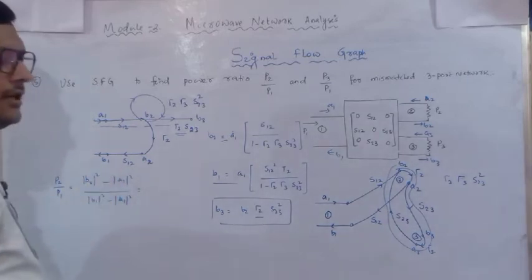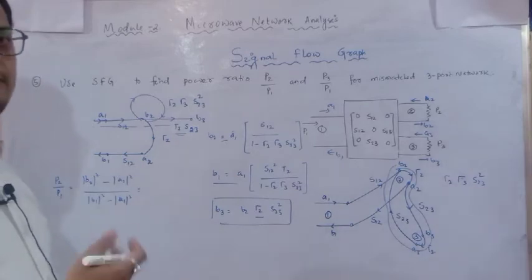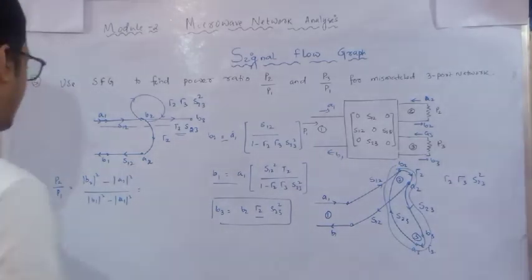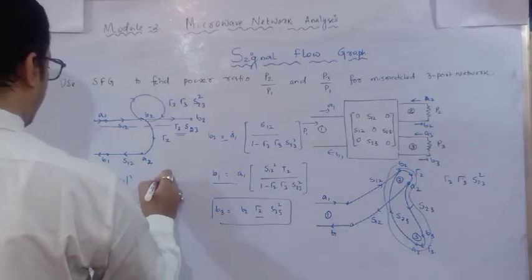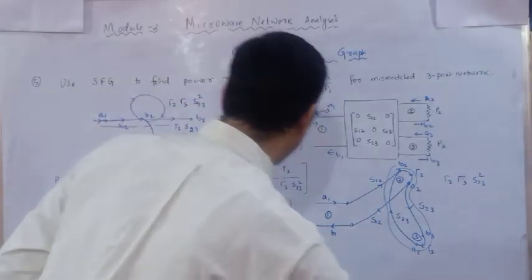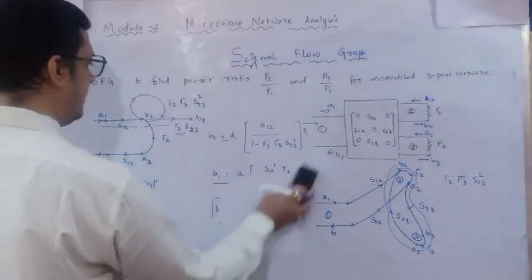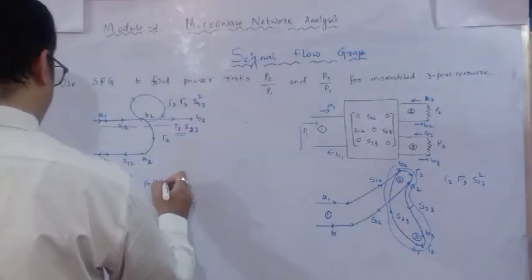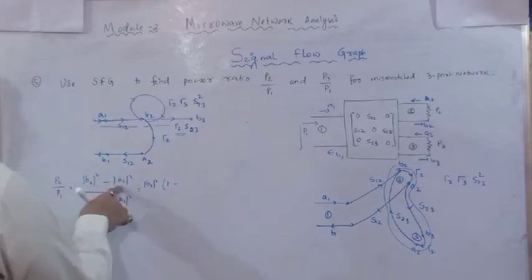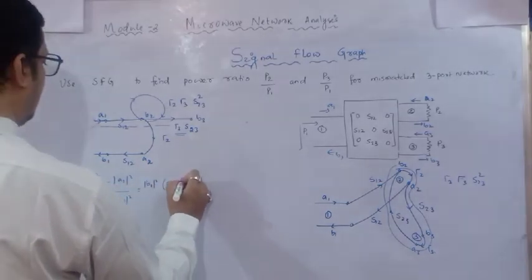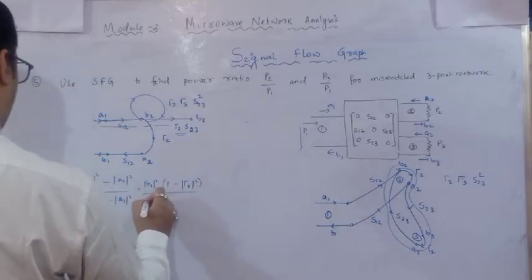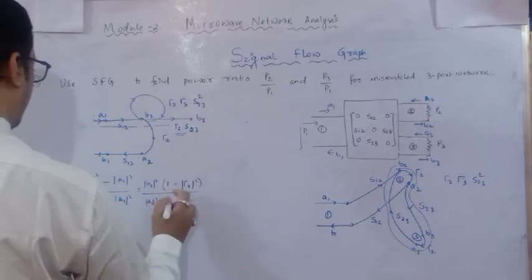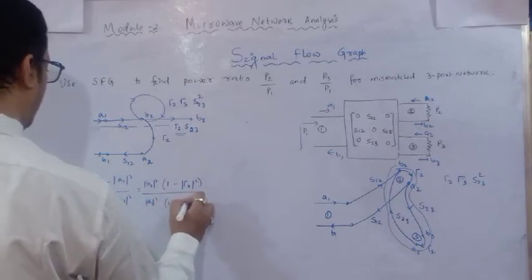Now in this relation you have to arrange in such a manner so that your scattering parameters can be identified. So I will represent this. I will take B2 square common. Let me erase this. People have noted down all these values. So B2 square I have to take common. So B2 divided by A2, you will get the reflection coefficient 2 square whole, divided by, if I take A1 as common, I will get 1 minus reflection coefficient 1 whole square.